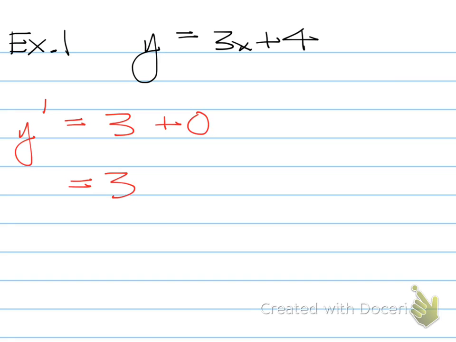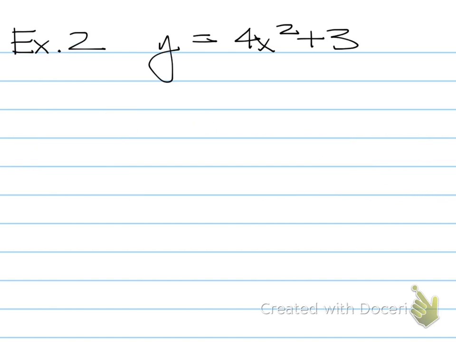So the rate of change for a line is the line's slope. The slope of a line is the line's rate of change, and this line is written in slope-intercept form. We can verify that the slope of this line is actually 3, the same value that we got when we took the derivative.